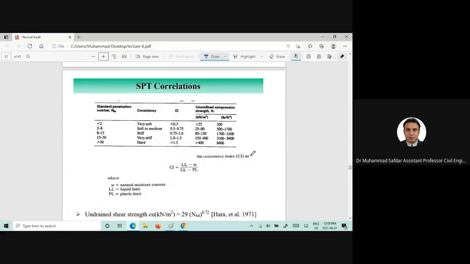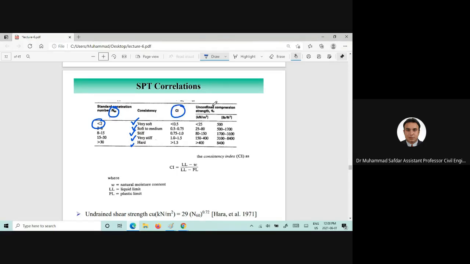We can also find out the consistency, for example, whether it's very soft clay, soft to medium clay, stiff clay, very stiff clay, or hard clay, depending upon the N60 value given in this particular table. We can also estimate the consistency index.